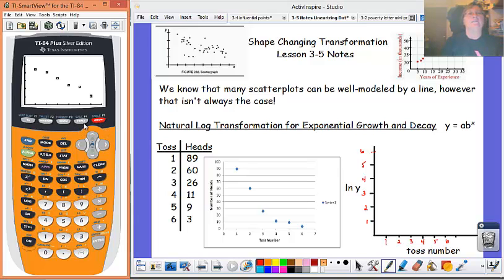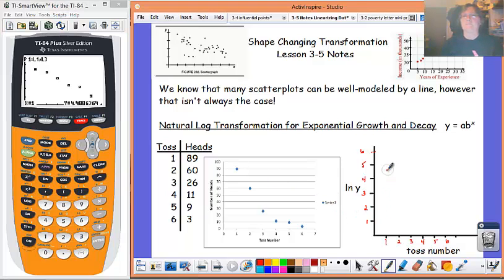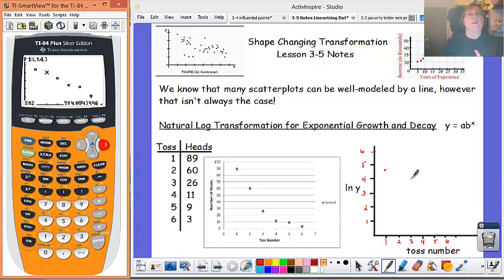Well, we can find those values by using the trace key judiciously. When x is 1, the y is about 4.5. When x is 2, the y is about 4.1.